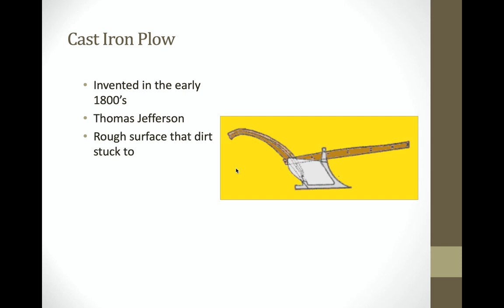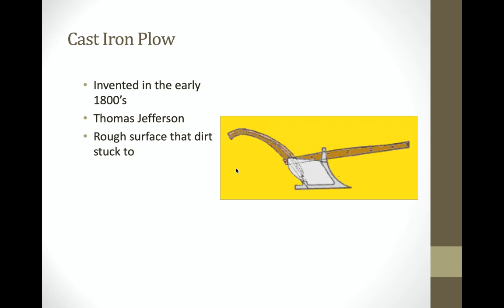Now, the problem with this is if you know somebody who cooks with a cast iron skillet, those things are super, super heavy. So, can you imagine having this cast iron plow that's being dug through the ground? Now, if you're in the eastern part of the state where it's sandy, that's not so bad.